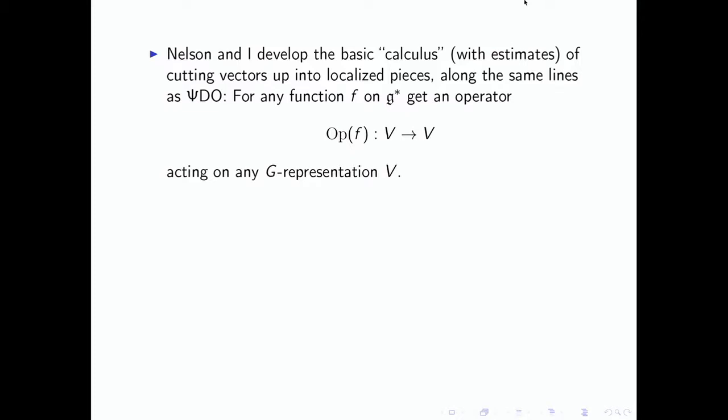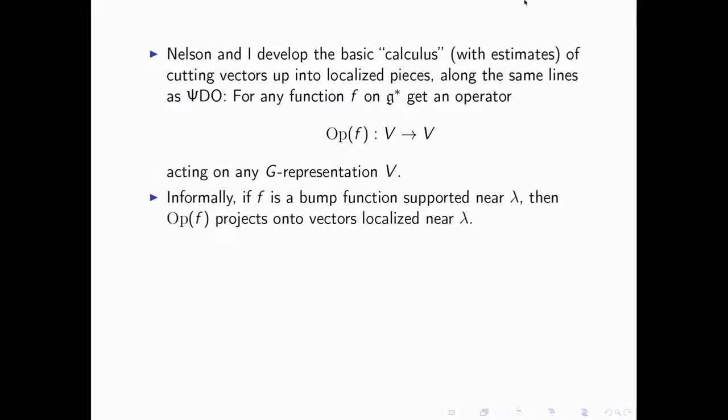All right, so I'm coming to how to apply this to automorphic forms. But in order to do our application, we set up a basic calculus that allows us to cut up a vector into localized pieces. This is an imitation of the classical theory of pseudo-differential operators in microlocal analysis. So the way this works is, if I have a function on G star, and remember that's the space of all possible eigenvalues, then for any function on G star, we get an operator that acts on any representation.